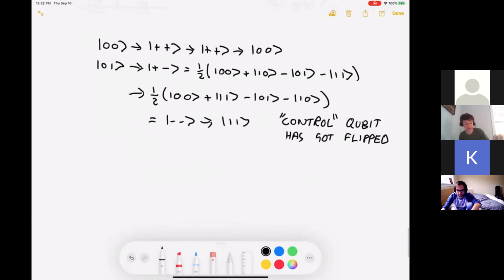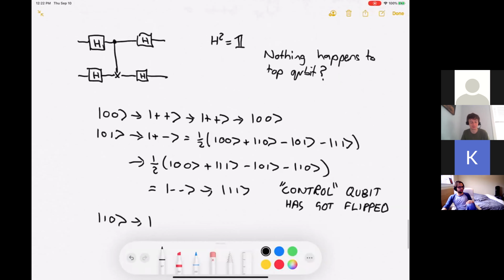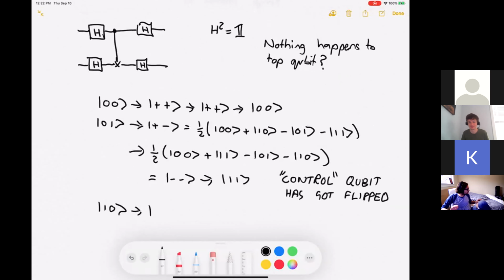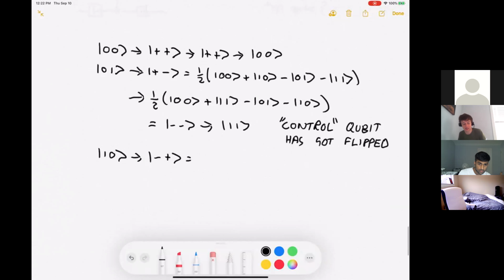Let's check the other two cases just to see the rest of what happens. 1, 0 goes to, when I apply two Hadamards. Come on, guys. Minus plus. Minus plus is a half 0, 0 minus 1, 0 plus 0, 1 minus 1, 1.